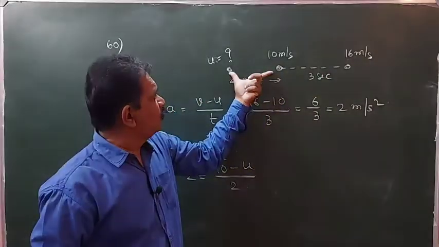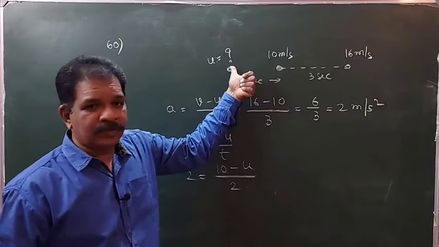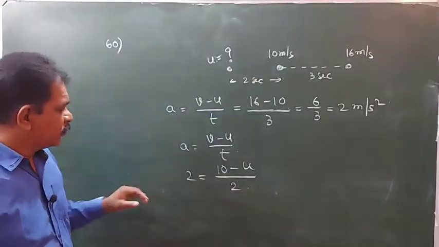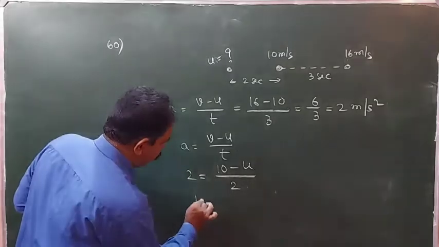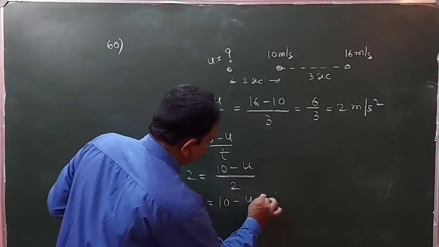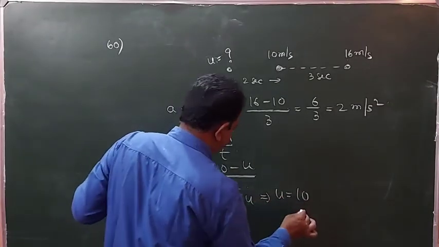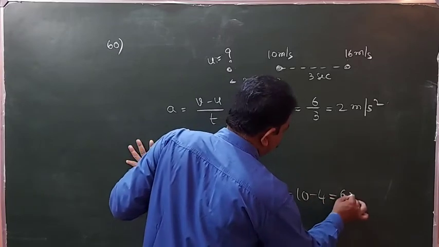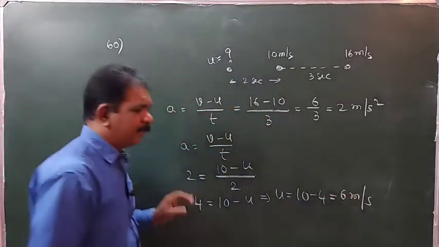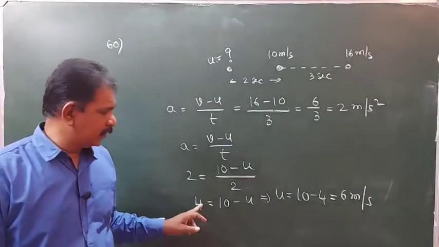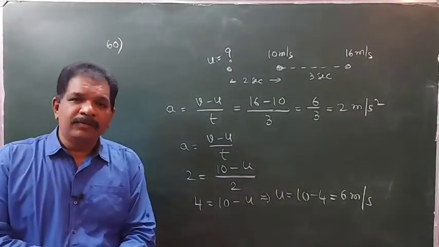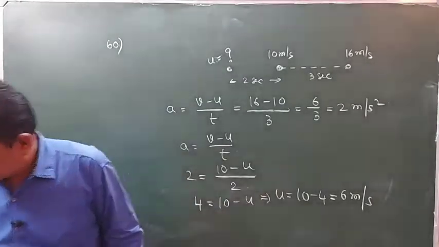In between these two, this is v, this is u. So 4 is equal to 10 minus u. u is equal to 10 minus 4. This will be 6 meter per second. The u value will be 6 meter per second.